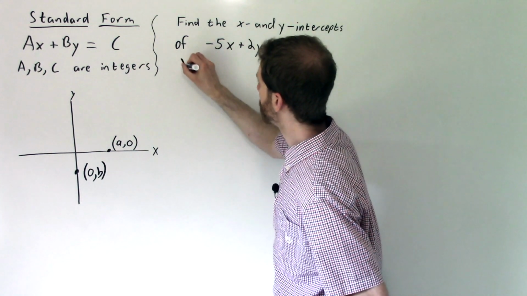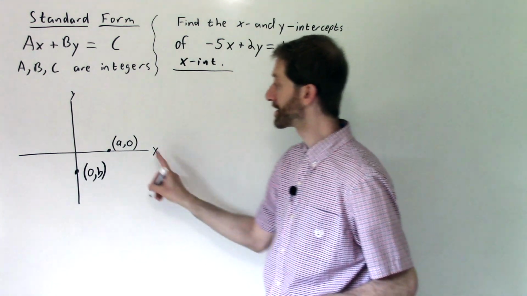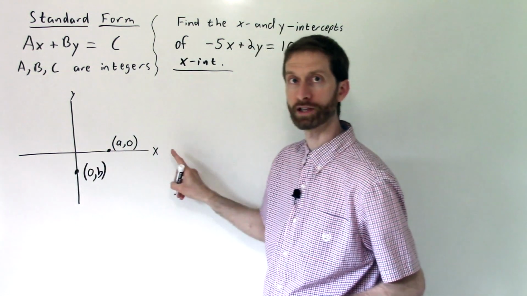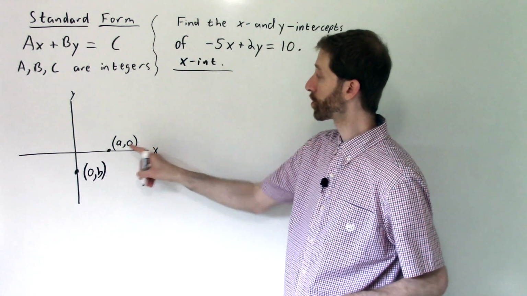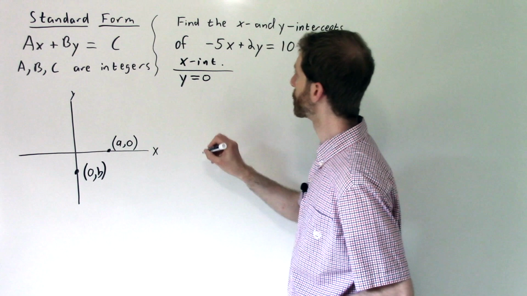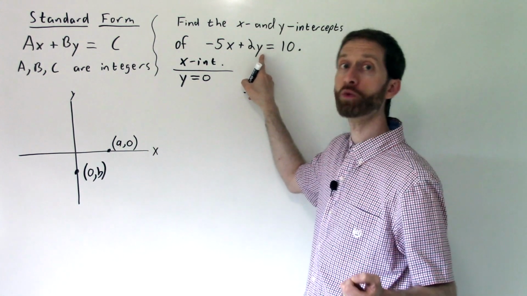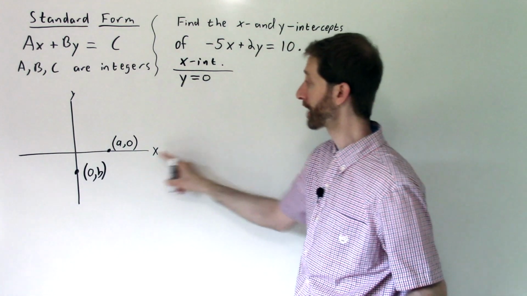So I'll just say x-int. The most important part is that if we're finding where this line crosses the x-axis, we need to understand that the y value is 0. So y is equal to 0, which means I insert 0 for y.